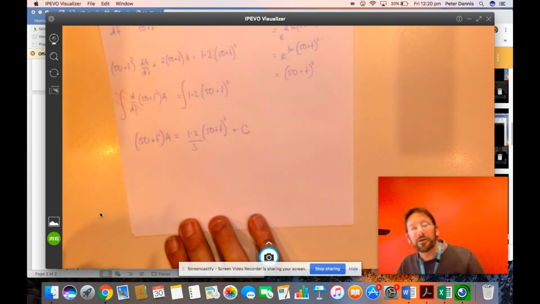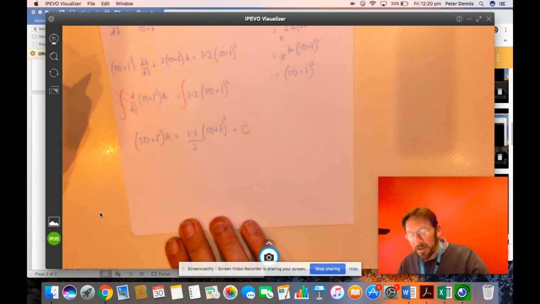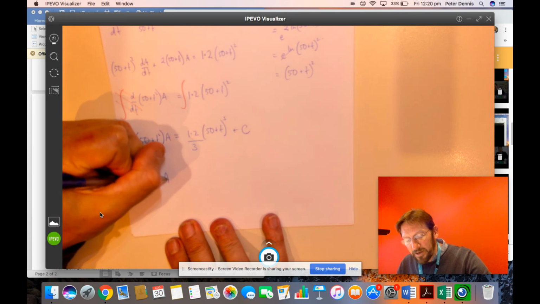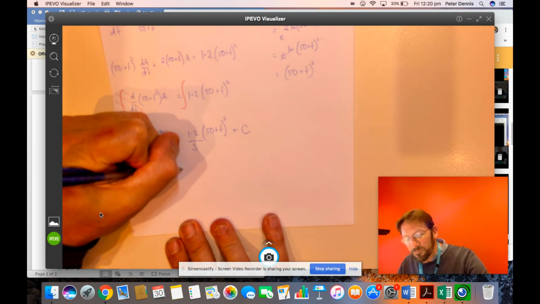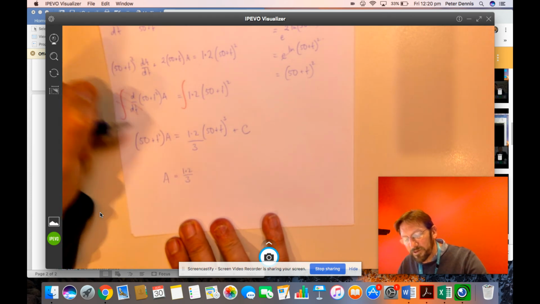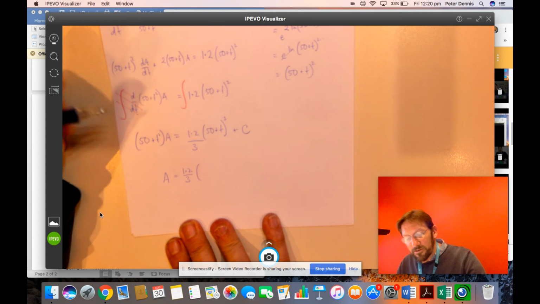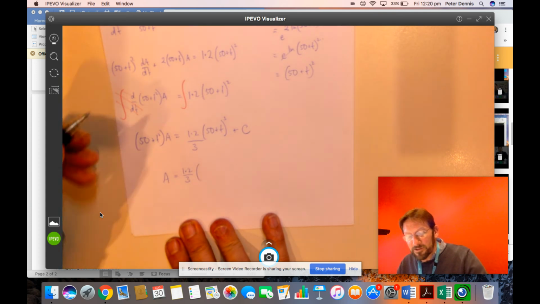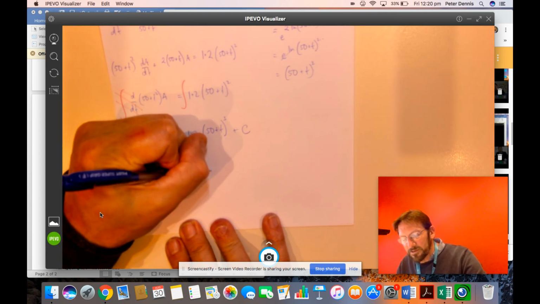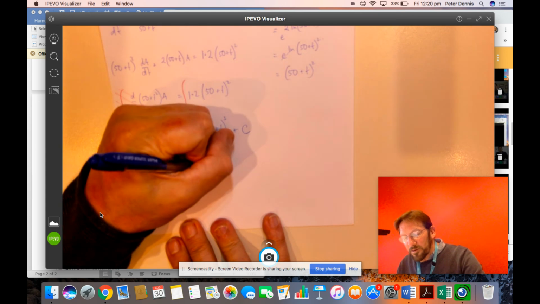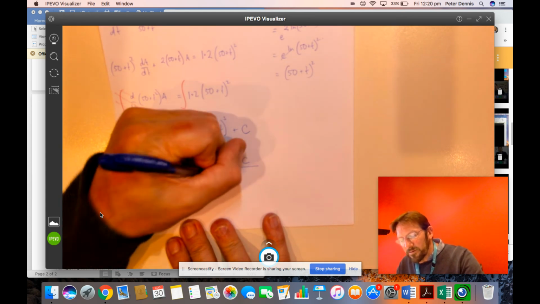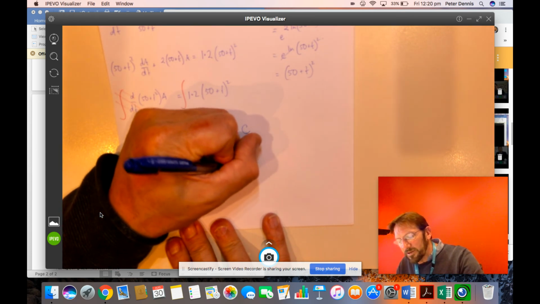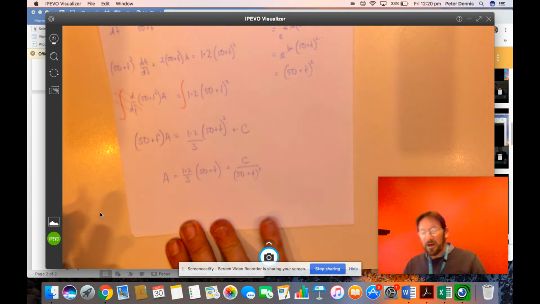Don't forget your plus c. We wanted to know what A equals, so A equals 1.2 over 3 times 50 plus t, after dividing everything by this, plus c over 50 plus t cubed.